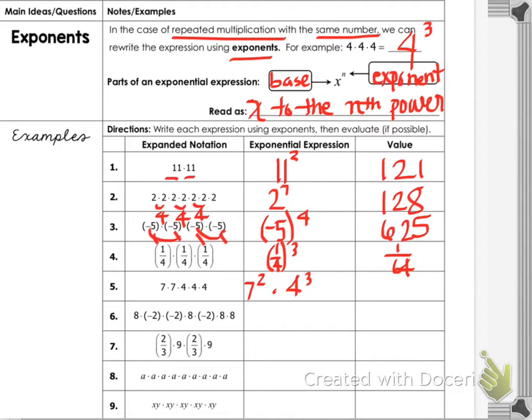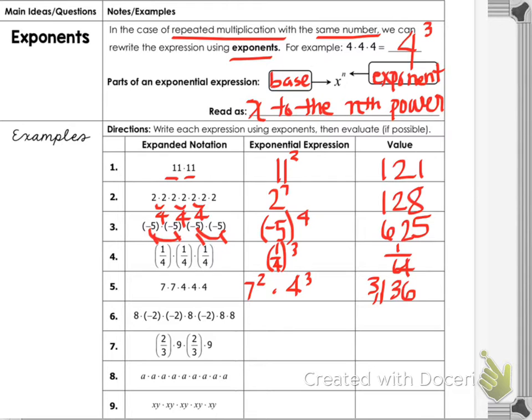So as we continue here, we can multiply 7 times 7, which gives us 49. And then we do 4 times 4, which is 16 times another 4 is 64. So 49 times 64 gives us what? 3,136.